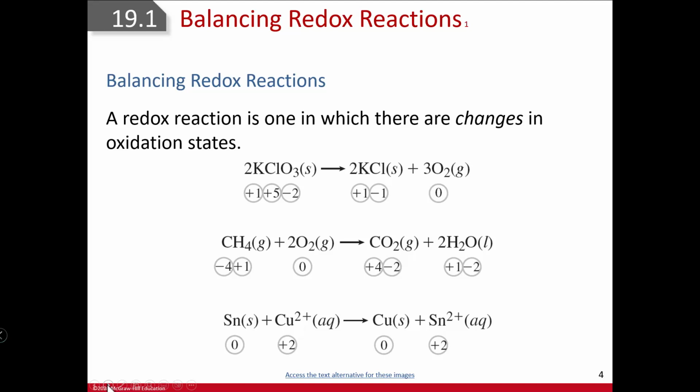So fluoride takes precedence, then group 1 and group 2's oxidation states respectively, and then after that hydrogen is always +1 unless one of the 2 other rules dominates over it. So if you're looking at this slide and you go, I don't know what's going on in this slide, let me refresh your memory here.